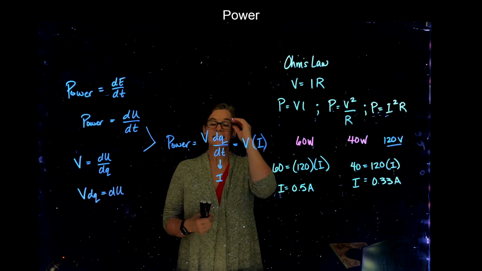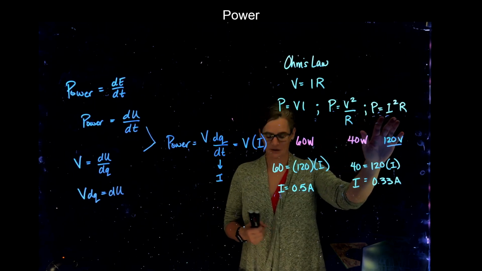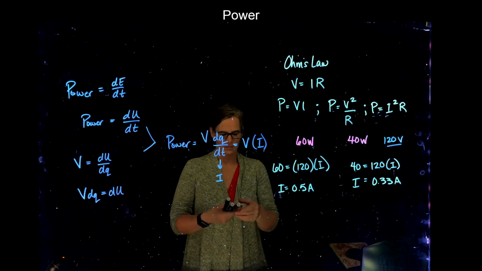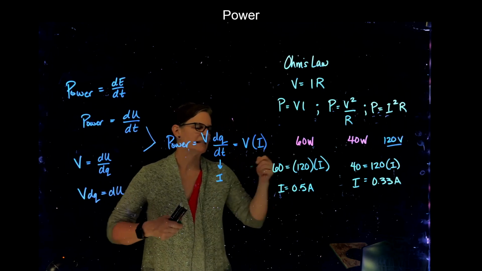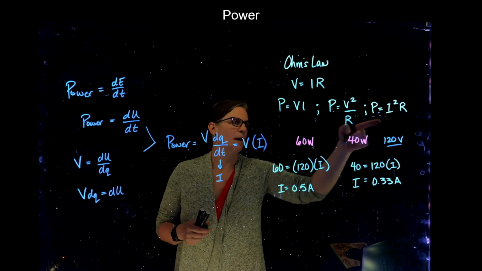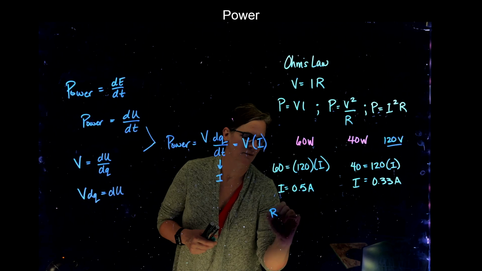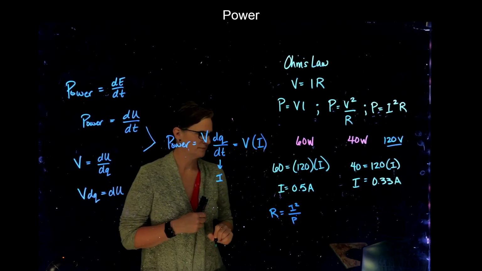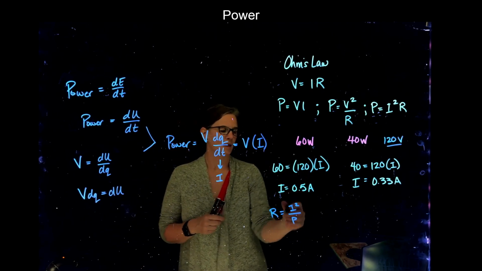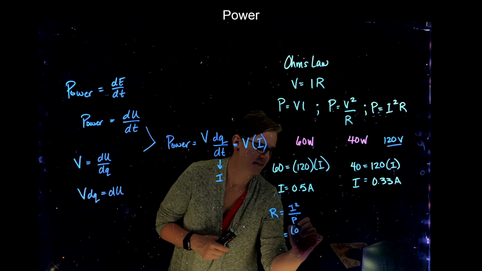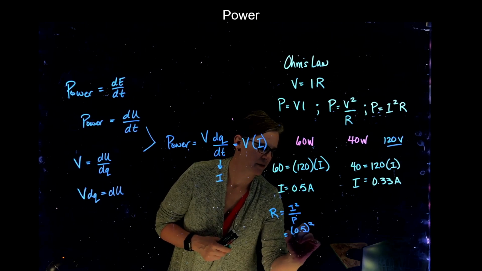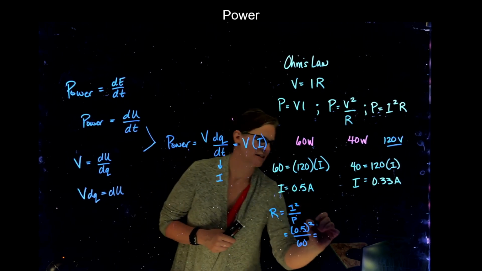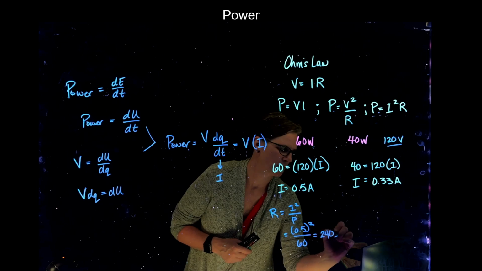Well, we can use that same idea, but now using a different relationship for power. We can look at the resistance of the bulb using our power relationship. So if I rearrange my power equation for resistance, I get that the resistance is equal to the power over the current squared. So for my 60-watt light bulb, I have 60 watts over 0.5 squared, which tells me that the resistance is 240 ohms.